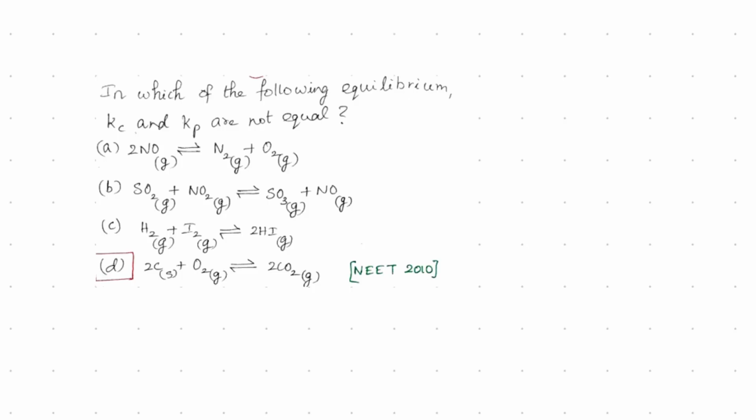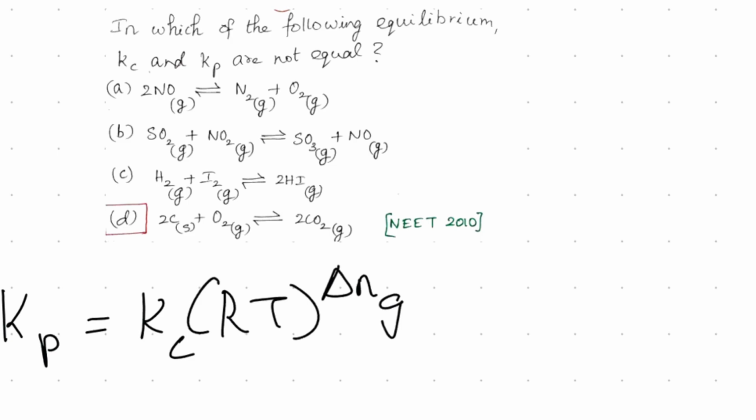These two questions are based on Kp-Kc relationship, where Δng is equal to number of moles of the gaseous product minus number of moles of the gaseous reactant.